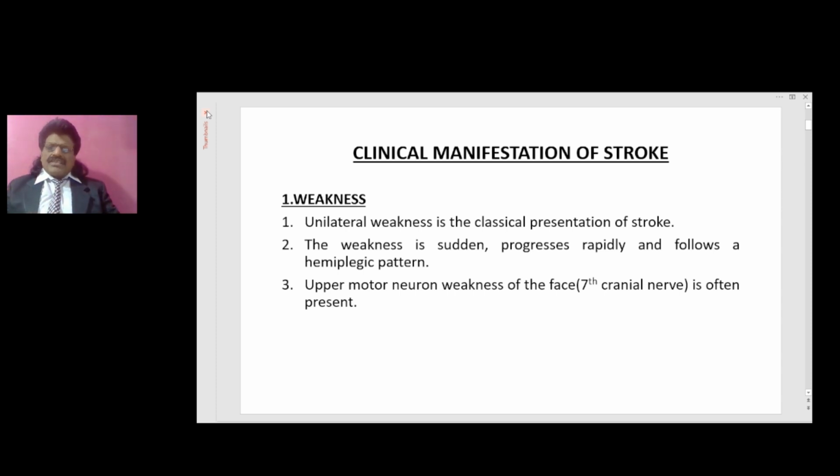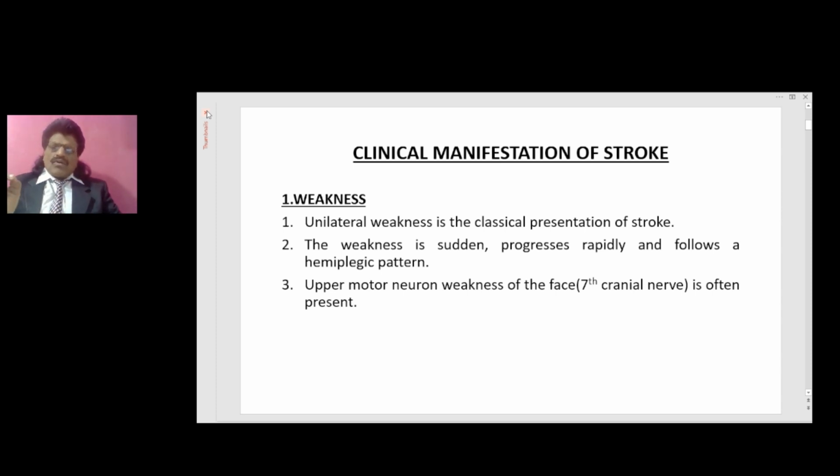Clinical manifestations of stroke. First we'll talk about weakness. Unilateral weakness is the classical presentation of stroke. The weakness is sudden, progresses rapidly and follows a hemiplegic pattern.